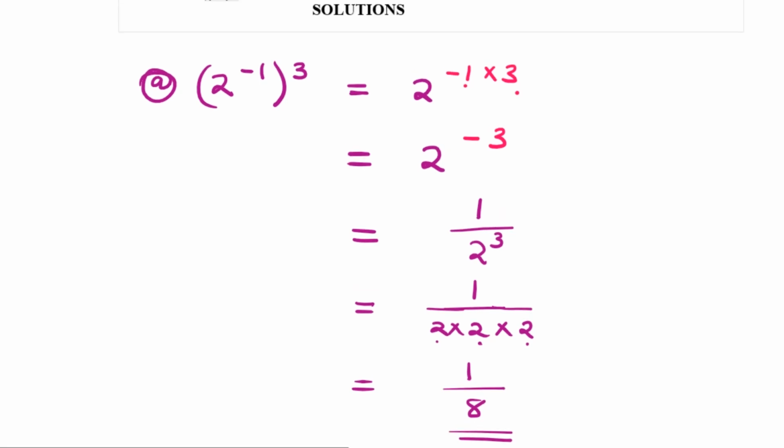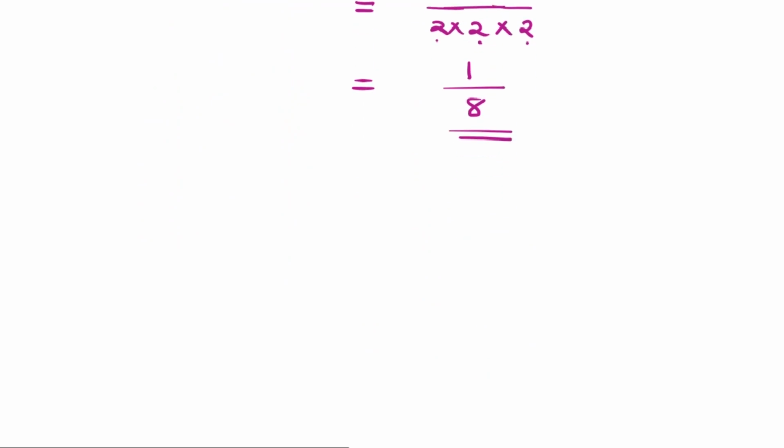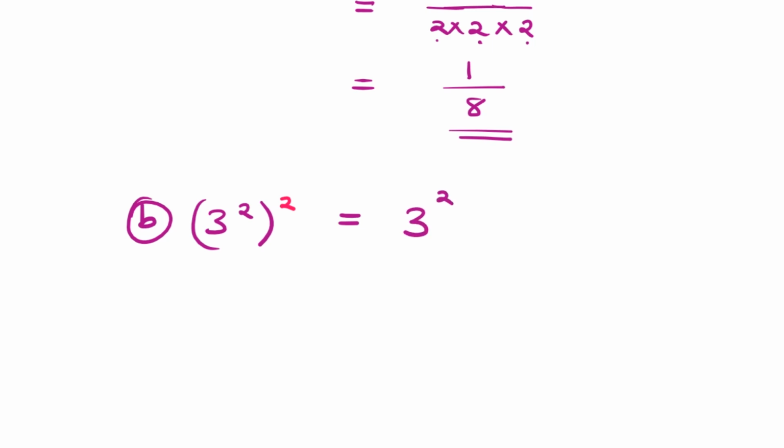You can go to example B. We have 3 squared, and there is another 2 outside the brackets, so this will be equal to 3 to the power 2 multiplied by 2. 2 times 2 will give us 4, and 3 to the power 4 is 3 times 3 times 3 times 3. 3 times 3 is 9, 9 times 3 is 27, 27 times 3 is 81.